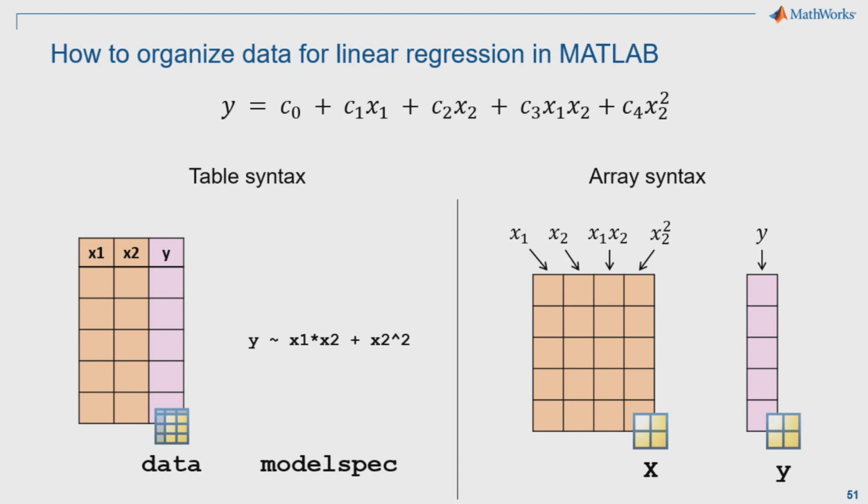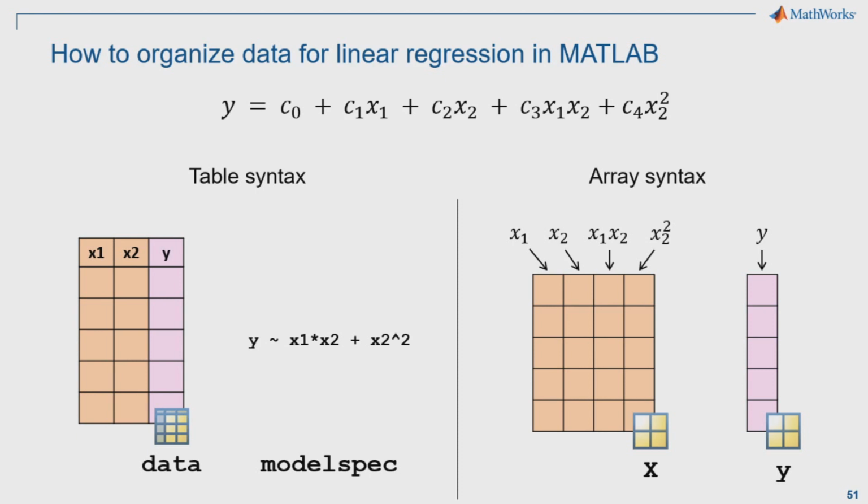But you can also use array. Okay, as you can see, if you use the table syntax, you should give a model specification. So you should provide the encoding of a model that you want to build.